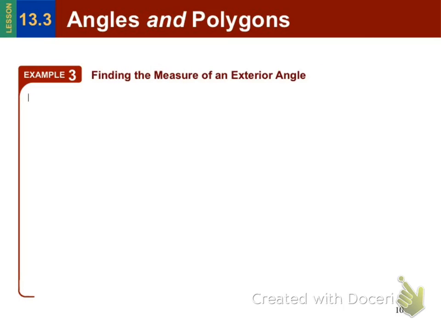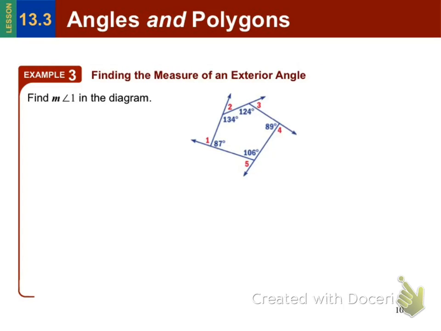So example 3, we want to find the measure of an exterior angle 1. Find the measure of angle 1 in this diagram. So we're given a lot of information. We can see that there are 5 sides, right? So if we added up all the degrees they gave us on the inside of the pentagon, we know that it should have 540 degrees total, so we could check that.